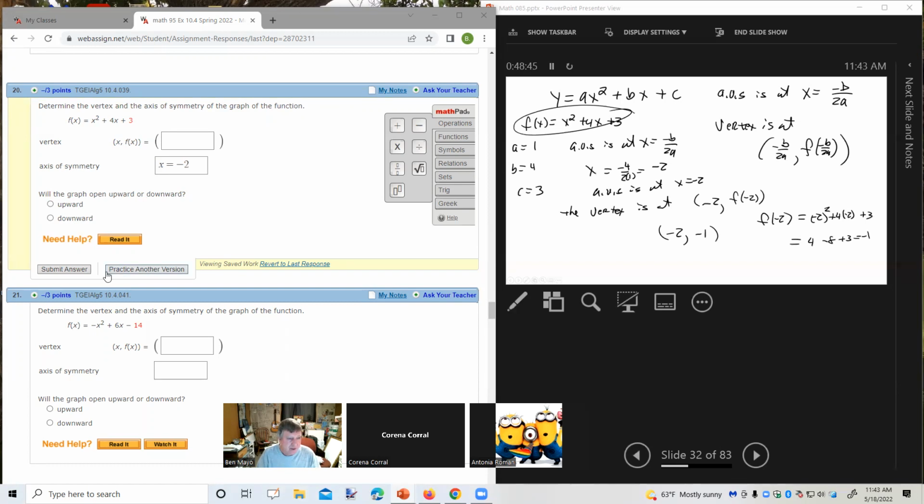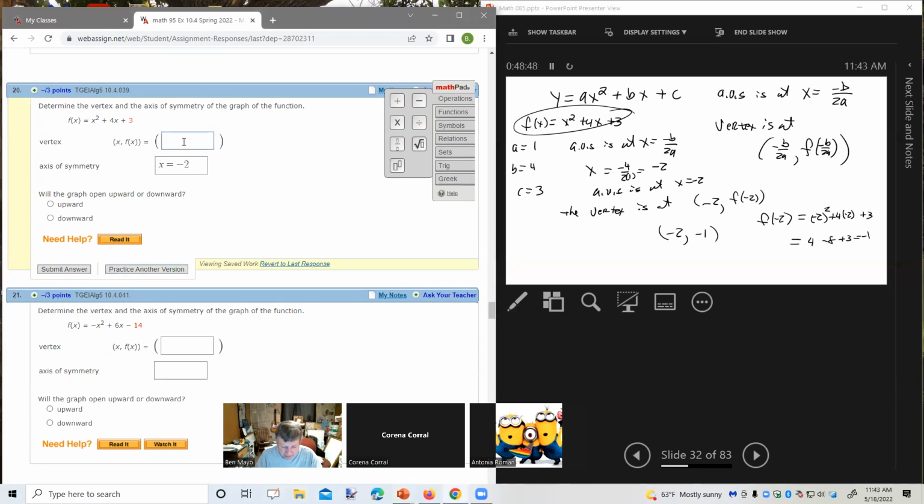So the vertex is going to be at negative 2 comma negative 1. All right. Are we okay with that so far? I'll take that as a yes.